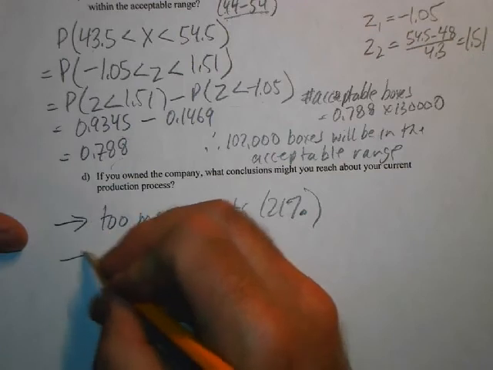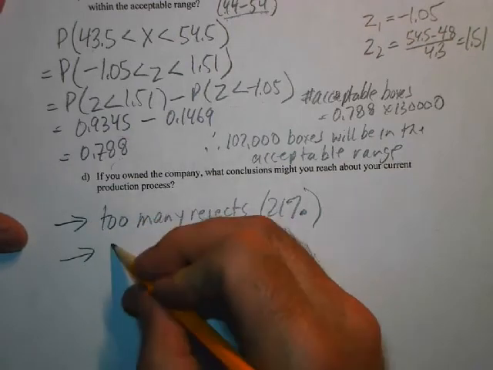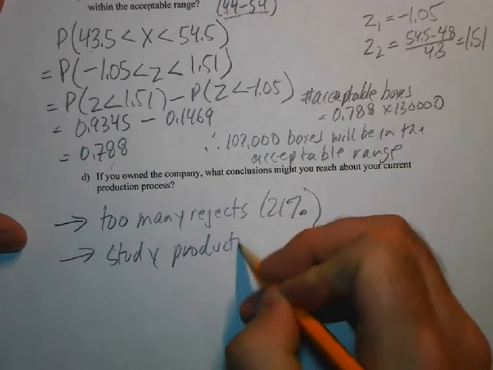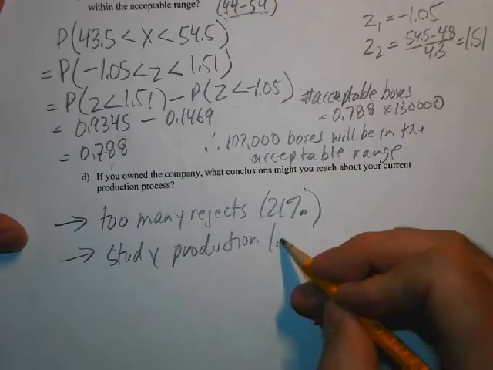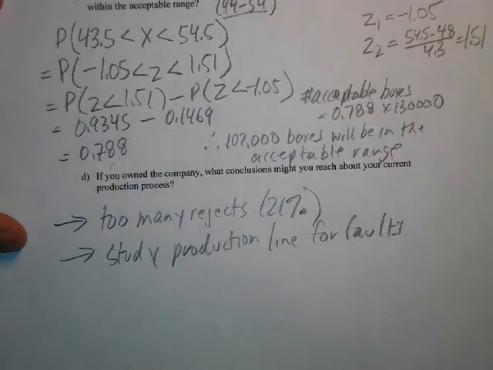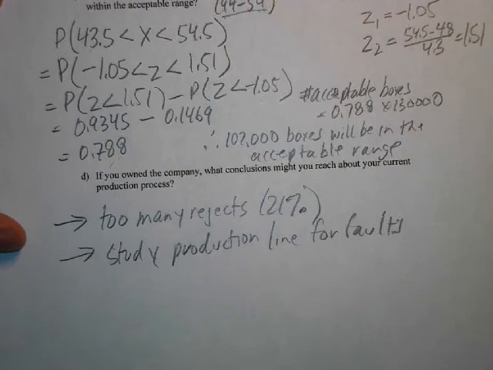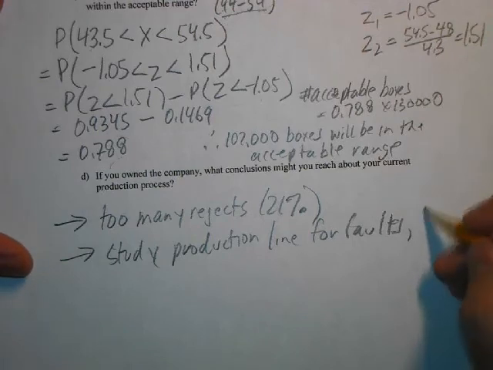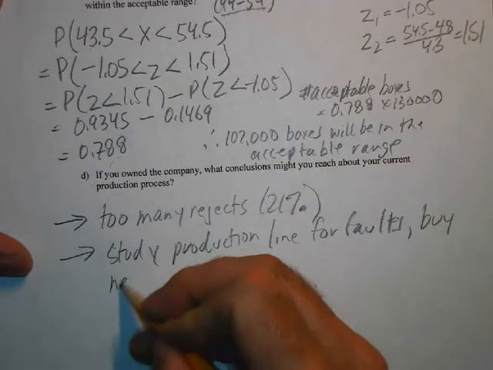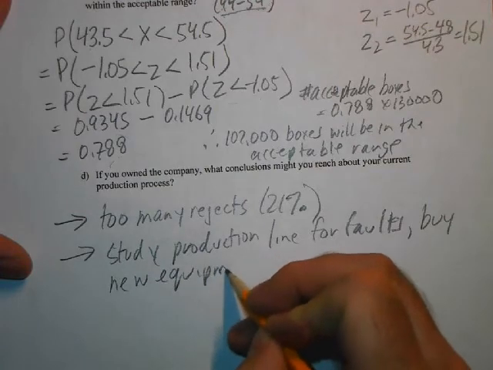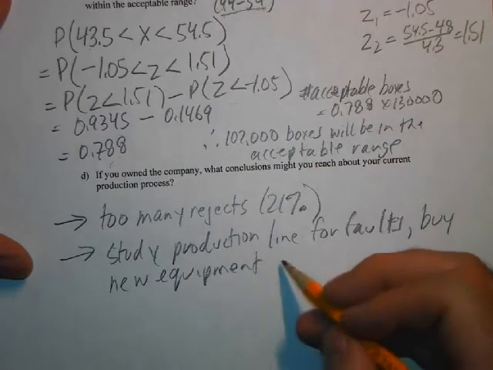So probably what I would do is study the production line for faults. Could be a very simple thing. Maybe one of the lines is causing all the problems and you just need to fix it. But maybe it's the whole thing. Maybe your equipment's too old. Maybe you should buy new equipment for the production line. But only if necessary.